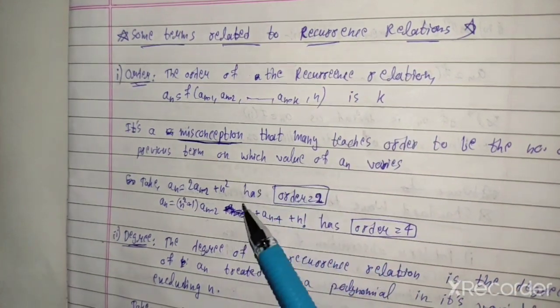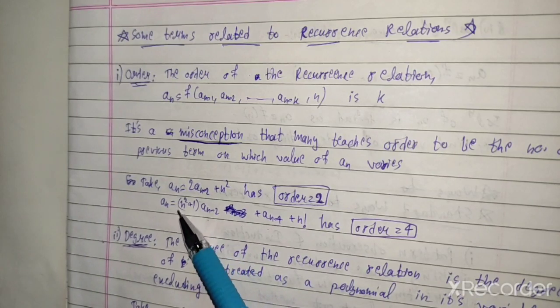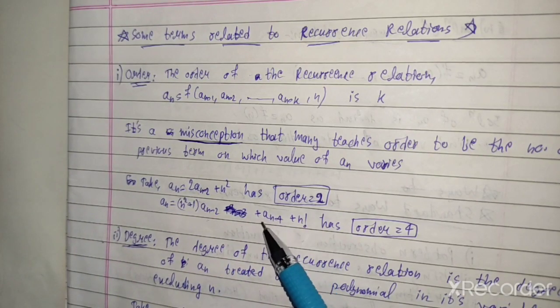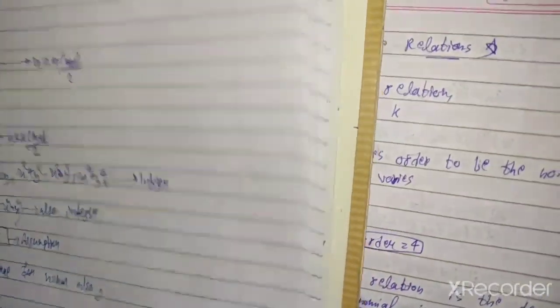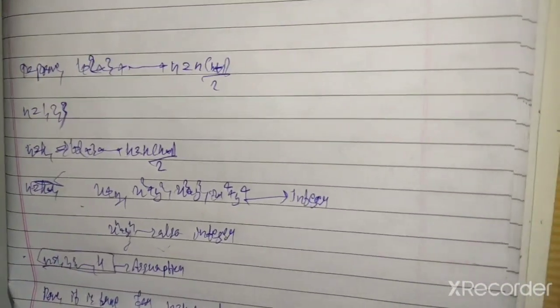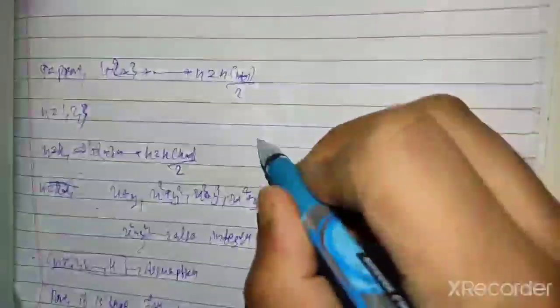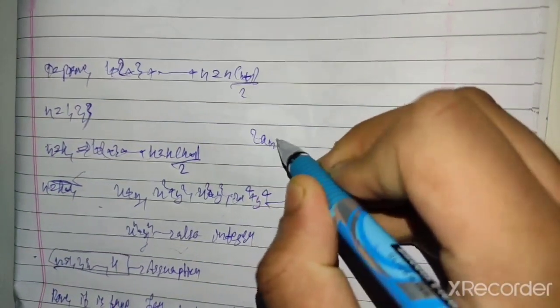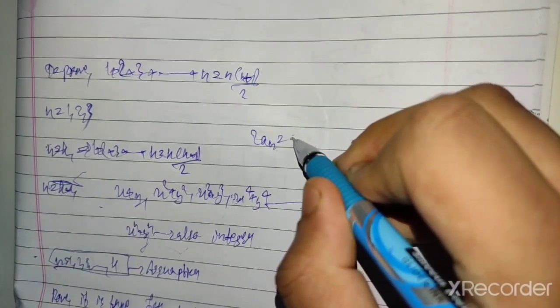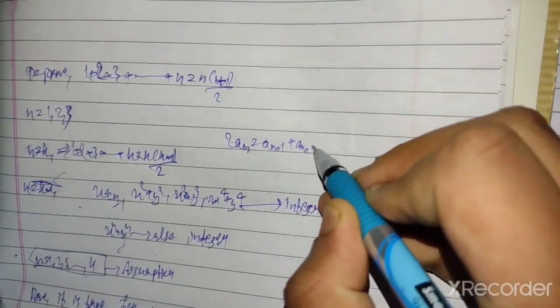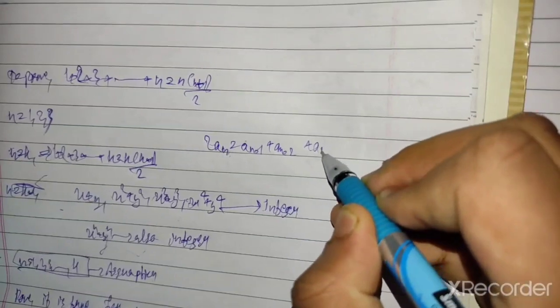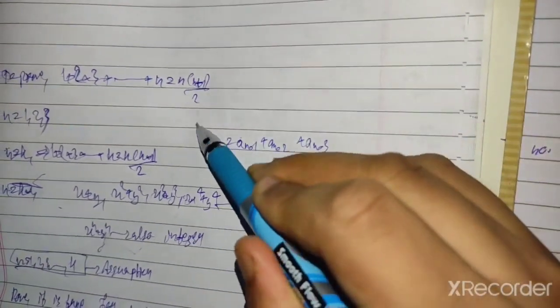Same thing we applied here: a_n is depending on the lowest term a_{n-4}, so n minus this. For example, let's take some more examples, like 2a_n equal to a_{n-1} plus a_{n-2} plus a_{n-3}. Let's take this expression.